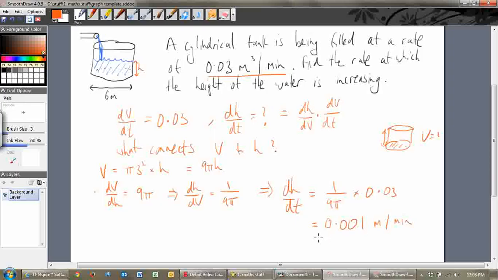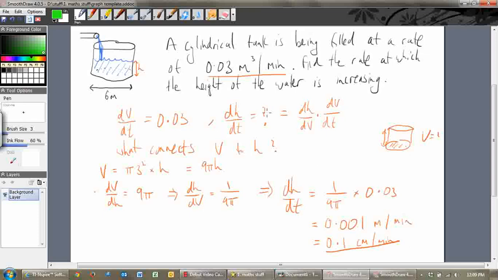If you want to change that to centimeters, or seconds or something like that, you could, depending on what the question wants. So it would be 0.1 centimeters per minute, or 1 millimeter per minute. That's your answer there. That's how much the height is increasing.